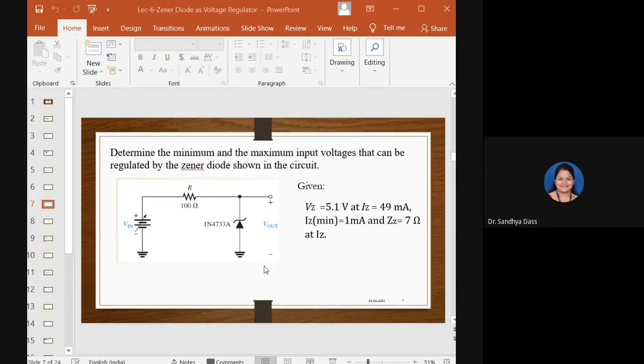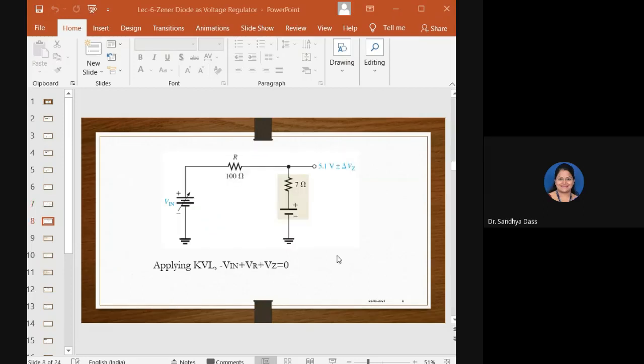Now going to the equivalent circuit, if we replace the Zener diode with its equivalent circuit, observe the output across these 2 points: it will be 5.1 volts plus or minus delta Vz. Now what is this delta Vz? It is the variation in the Zener voltage which happens because of the variation in the input voltage.